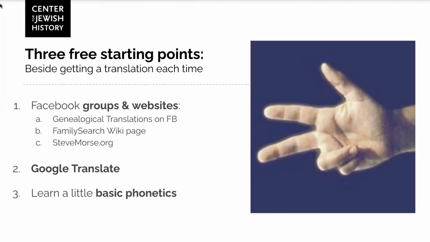If you use your mobile phone a lot, it's also a good idea to download the Google Translate app. That can be helpful. And then at the end, I'll mention general online sources of information that can help you do some basic learning that can help in your research.